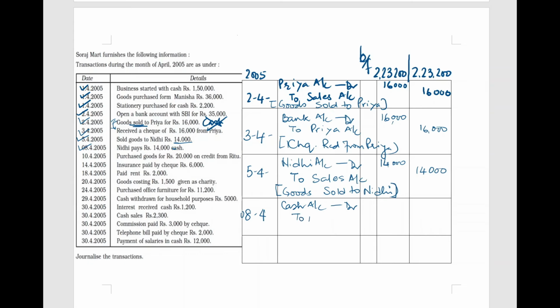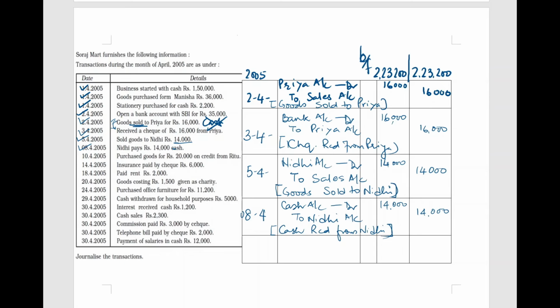So I'll say to Nidhi, because she has cleared what was outstanding, 14,000 and 14,000. As before with the check from Priya, we will say cash received from Nidhi. So far good guys.